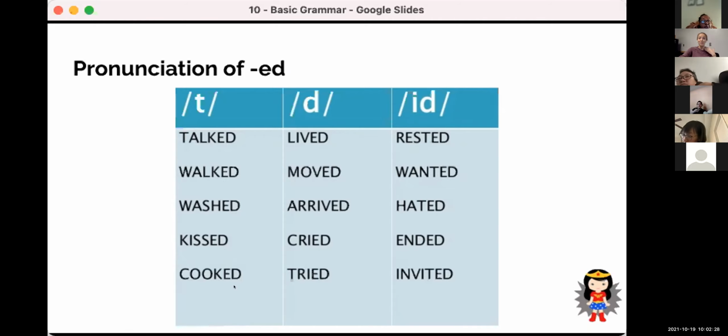If you are repeating after me and feeling your throat, you don't feel anything at the end of that word. And you hear the T sound. When the word ends in those voiceless sounds like k or sh, the ED ending has the voiceless sound too.